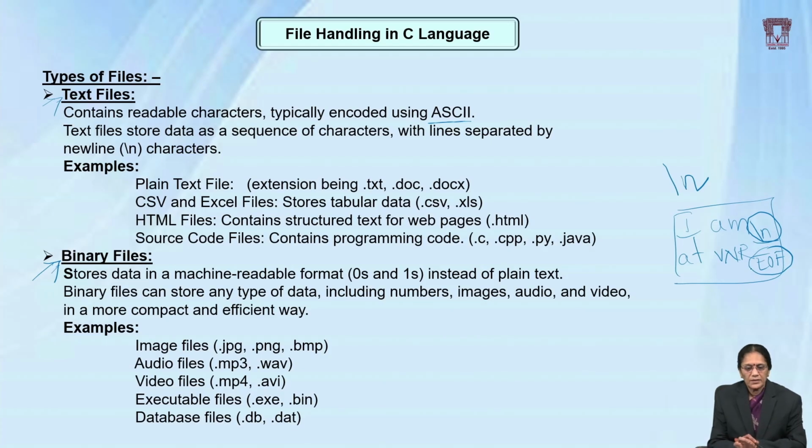So coming to what are the various text files that we go ahead with, we have plain text files. Most often, how do you identify various types of plain text files? It is based on the extension. For example, if I create a file, file1.txt, this is the name of the file that you are going to give, and this would be the extension.